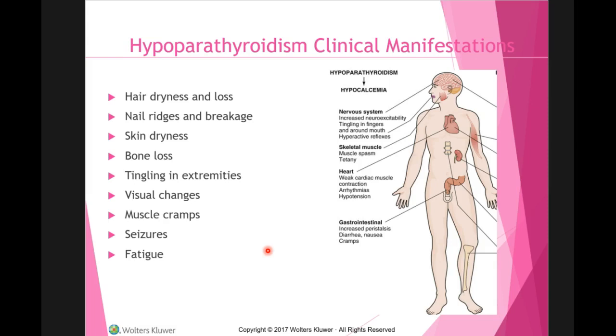The things that you see in the skeletal muscle are more related to the excitability of the nerves. In cardiac muscle, the reason you see the weakened contractions is because cardiac muscle doesn't store calcium, so it relies on the serum calcium concentrations.